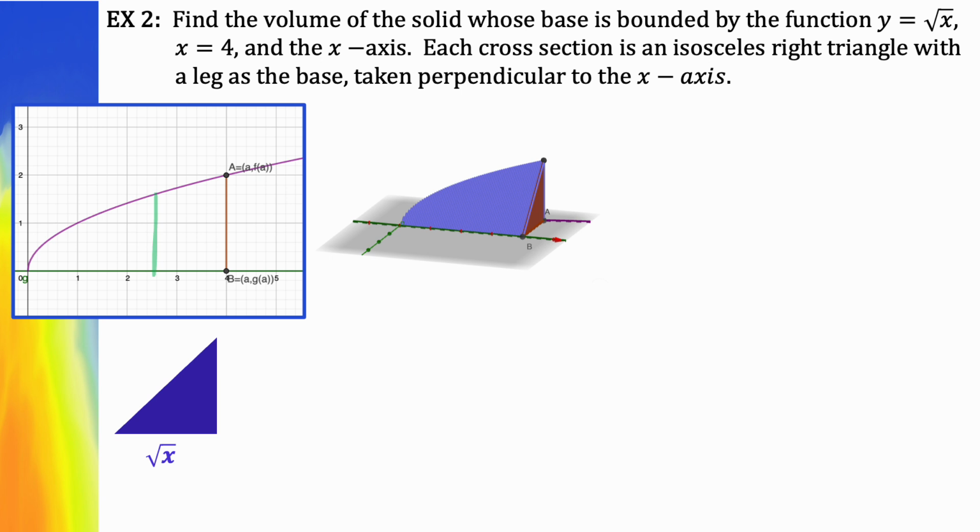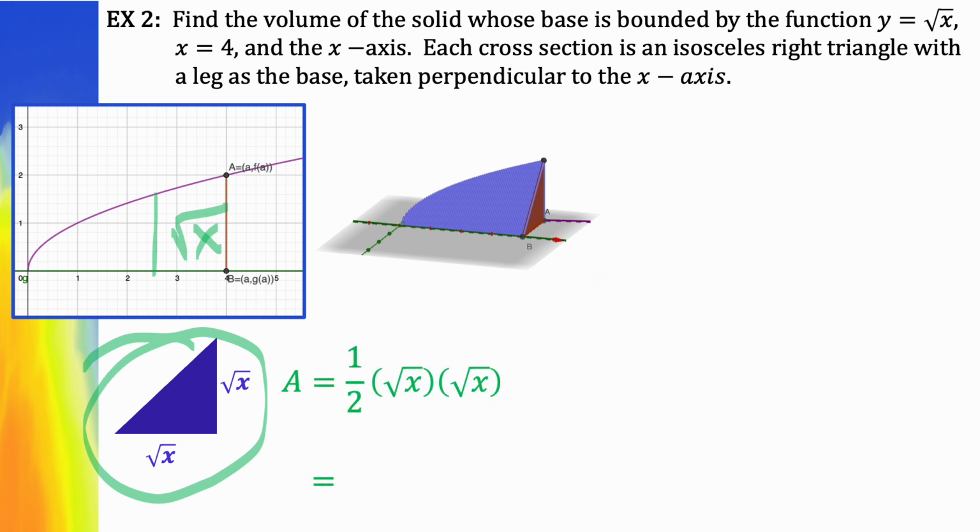It's got a height of, once again, root x. And this is a 45, 45, 90 triangle. So the height is also root x. So the area of that triangle is 1/2 base times height, or 1/2 x.